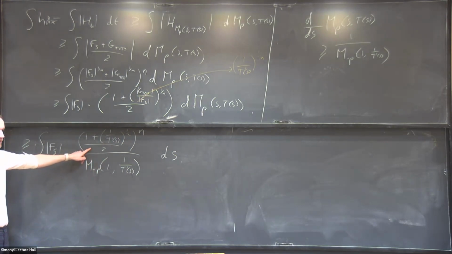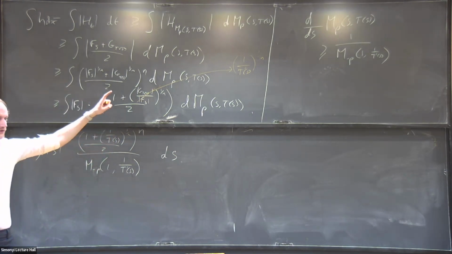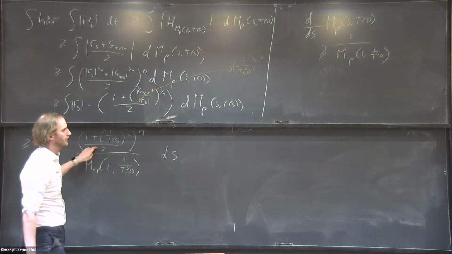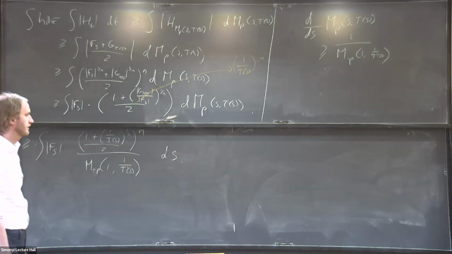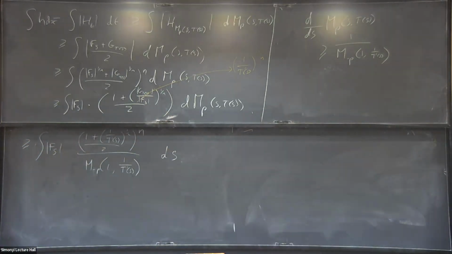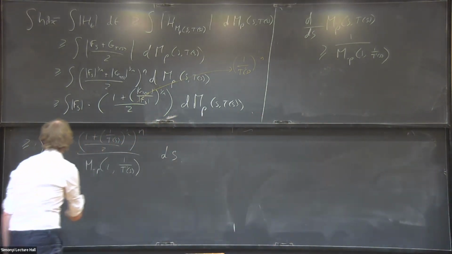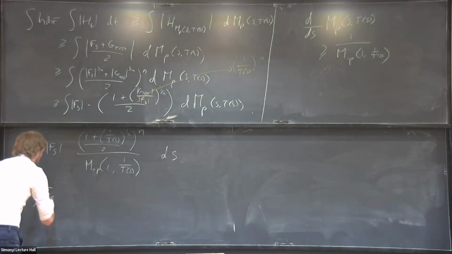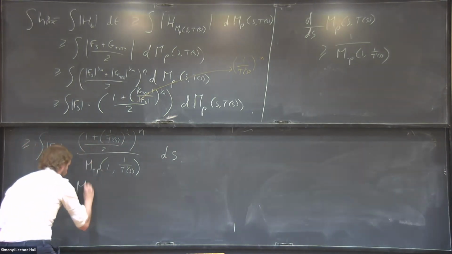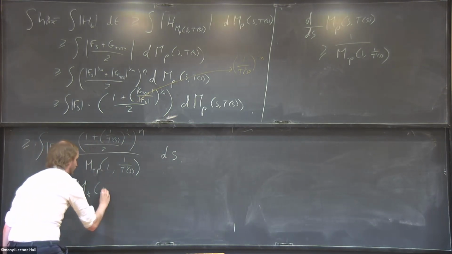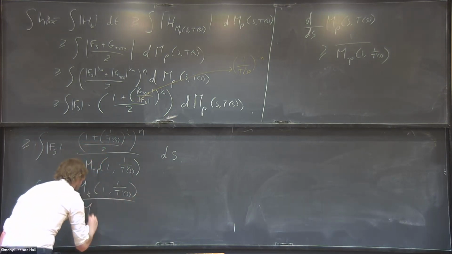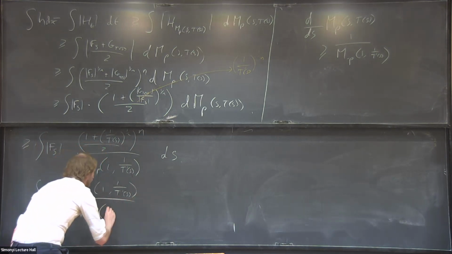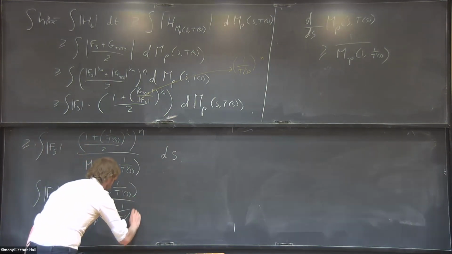What is this object? We found it through the Brunn-Minkowski application, but now we've gotten down to the point where it starts to remind us a lot of what this mission is. Yeah, I have it here. This thing at the top is really M 1 over n of 1 and 1 over t prime s, and at the bottom I have M minus p to the 1 over t prime s.